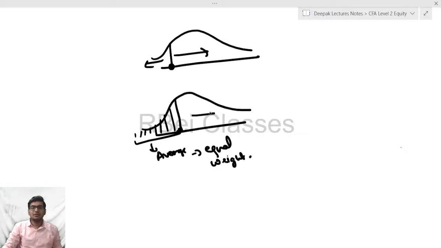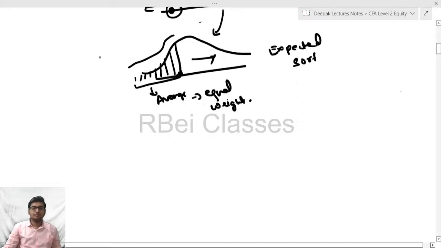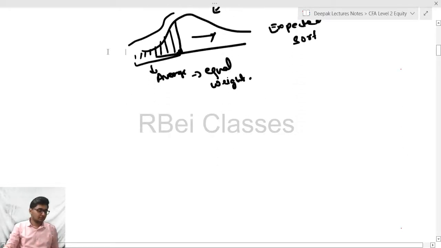Clear? But I am ignoring this part. This is expected shortfall, a better version of the VAR, a better version to find out the risk of the organization, because you are not just considering a point, you are considering the whole tail to understand what is the possible amount of loss. Clear?